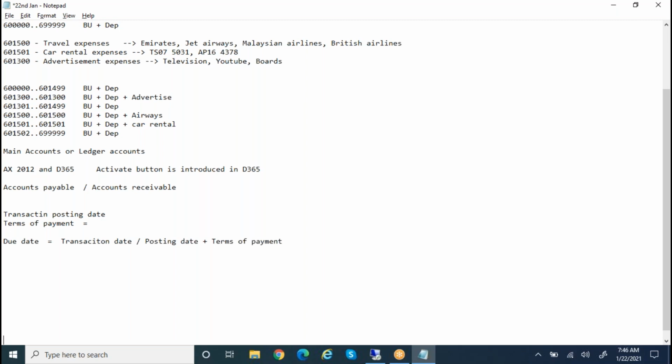So Dynamics AX is more about wholesale distribution companies. Take the example of a wholesale distribution company, not a retail company. Now I have sold 10 washing machines to one of my customers. There will be an agreement between my company and the customer organization: 10 washing machines, each one 25,000, so 2,50,000. The customer will not pay immediately.